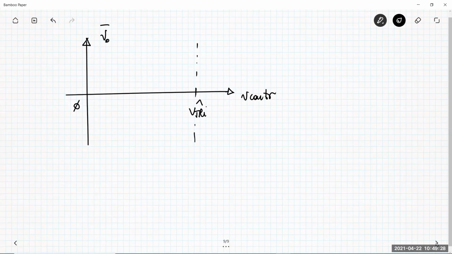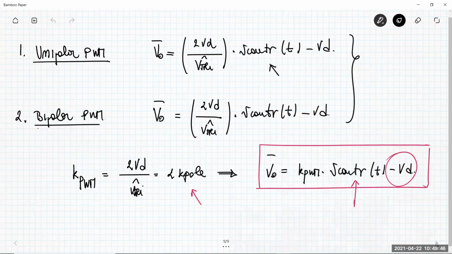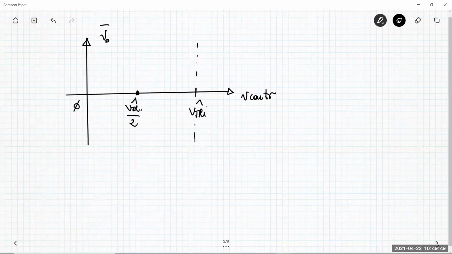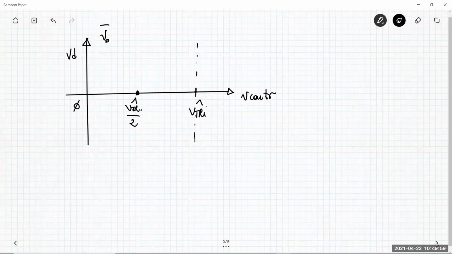In that situation, what happens when the control voltage is exactly V triangular peak divided by 2? Okay, if you put here as a control voltage V triangular peak divided by 2, you get exactly 0. Okay, so here you have 0. What happens when the control voltage is the same as V triangular peak? It is VD. What happens when you have V control which is 0?